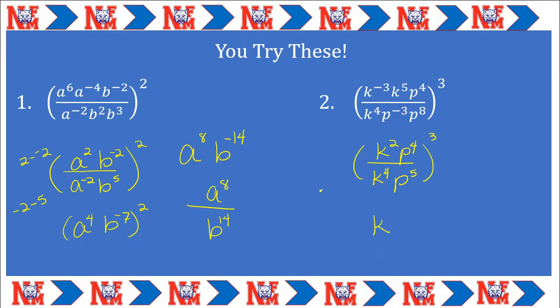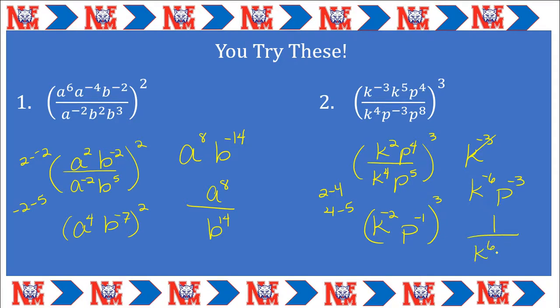So I have k, 2 minus 4 gives me -2, times p, 4 minus 5 gives me -1, all raised to the power of 3. I'm going to multiply the 3 times each exponent. I get k to the -6 times p to the -3. Both of these need to be moved to the denominator, so we'll need a 1 in the numerator. And we are done.